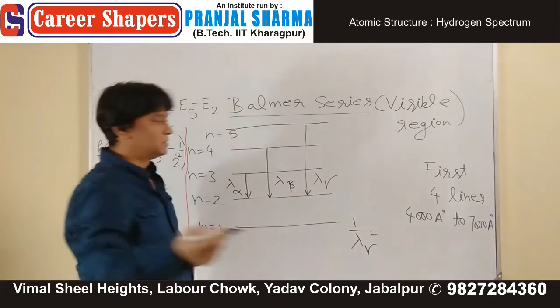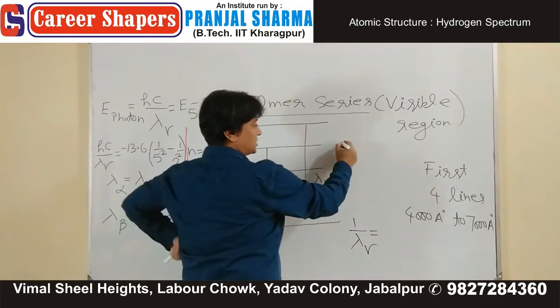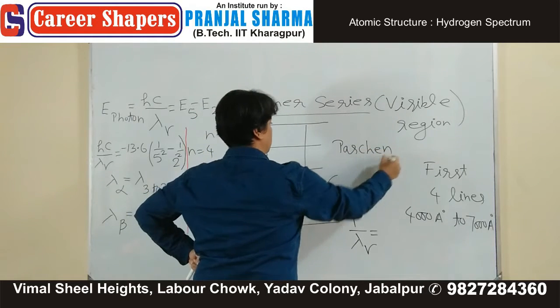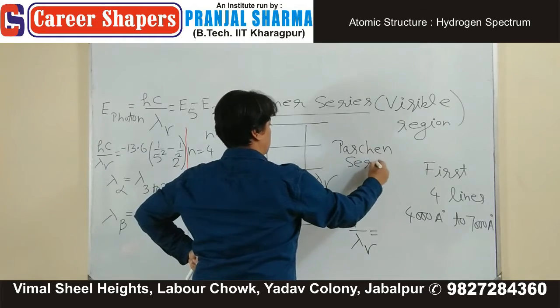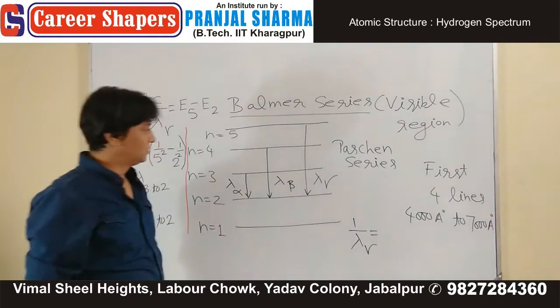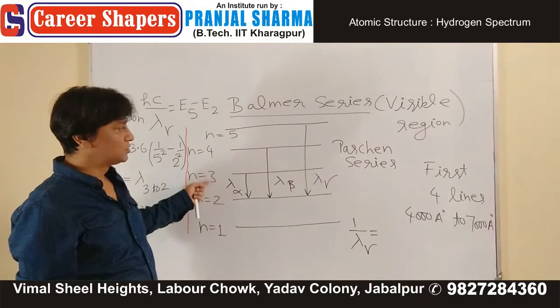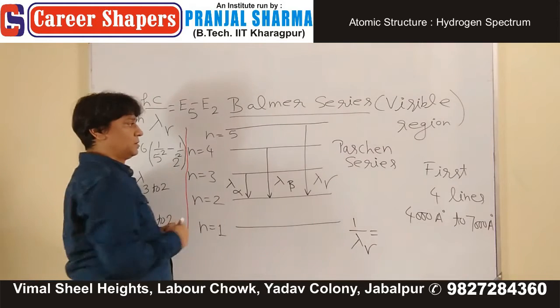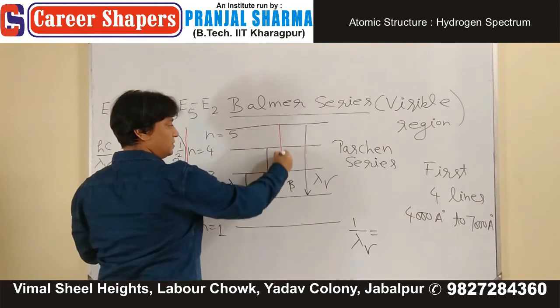The next series, just remember, is the Paschen series. The jump is into n equals 3. This is the jump.